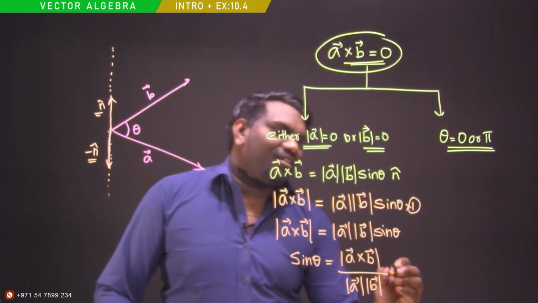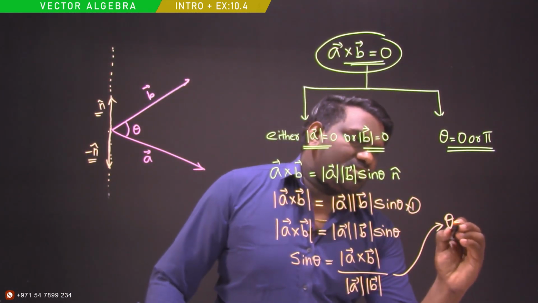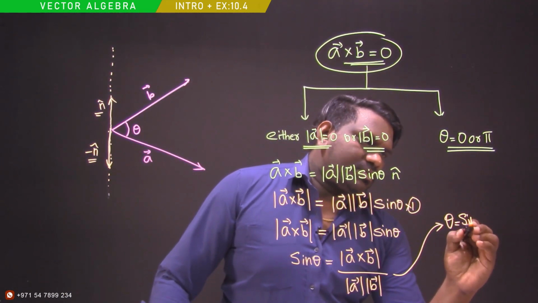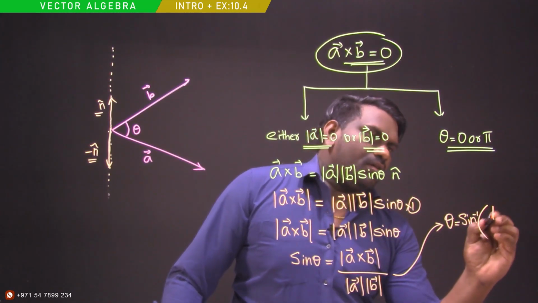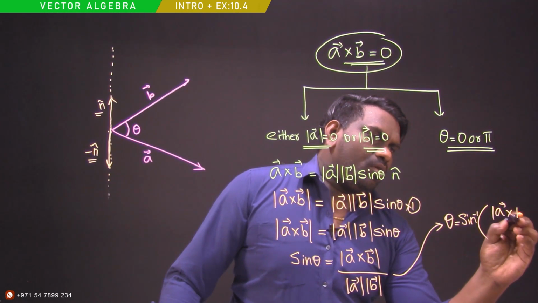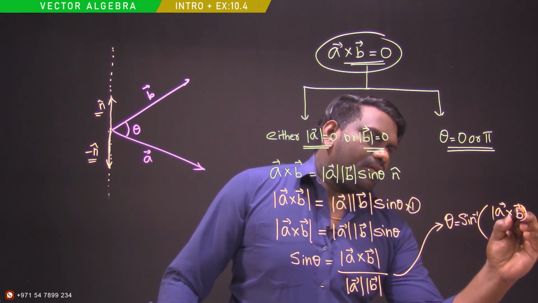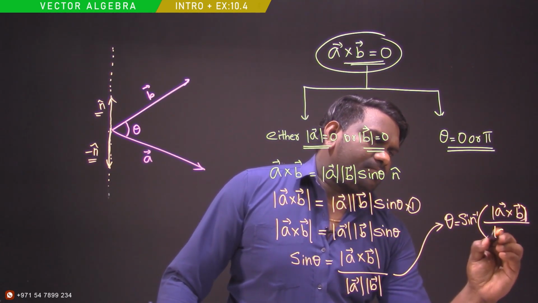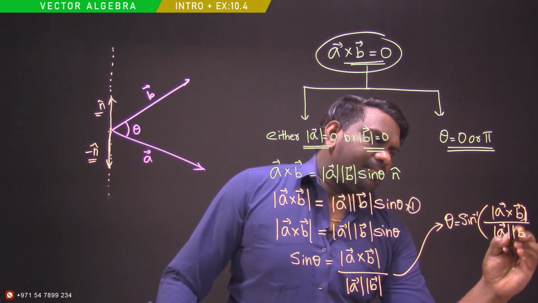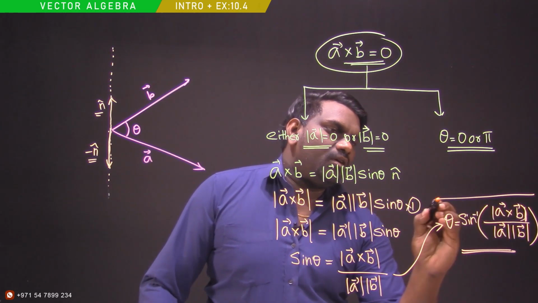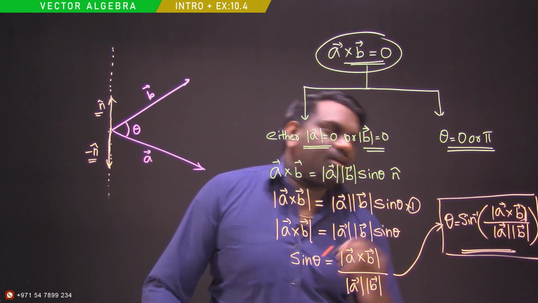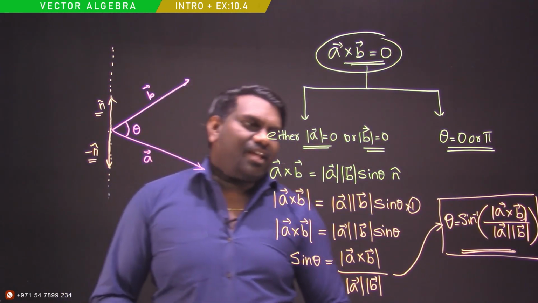So from here what I can write, theta is equal to sine inverse of the whole thing. What is it? Sine inverse of mod A cross B, yep, this one, by mod A mod B. Fine dear. Yes, this is how you find the angle between A and B.